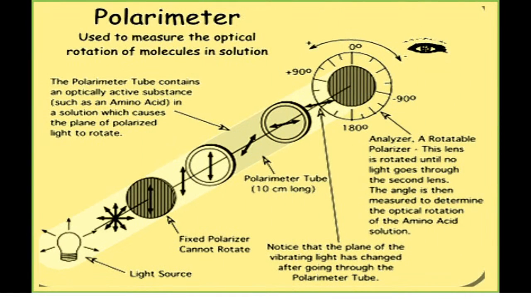So the polarimeter is used to measure the optical rotation of molecules in the solution. One more time, you can see this diagram. And what is the idea? We agree that after crossing the tube with the optically active substance, the plane of polarization of light is changed, and less light, Malus law works.